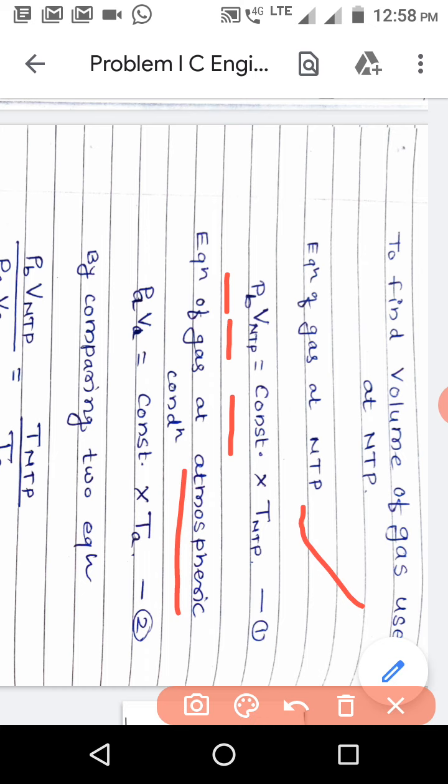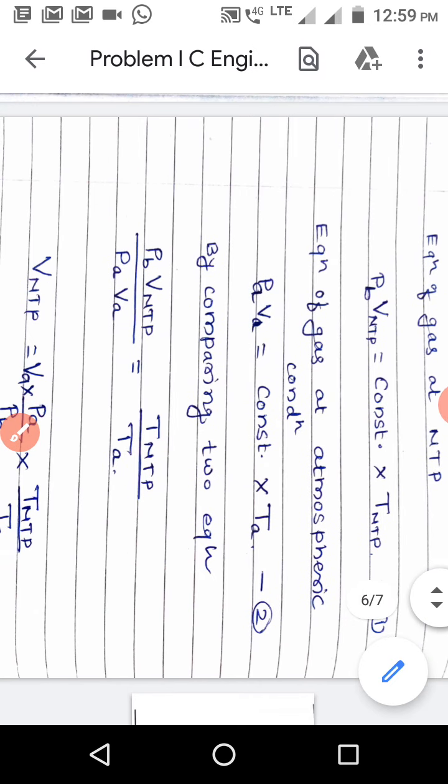PA is the absolute pressure of the gas, and this absolute pressure will be equal to the gauge pressure plus barometric pressure, into the actual volume that is given in the problem, and constant into temperature of gas, that is the ambient temperature of the gas. Now we are simplifying these two equations.